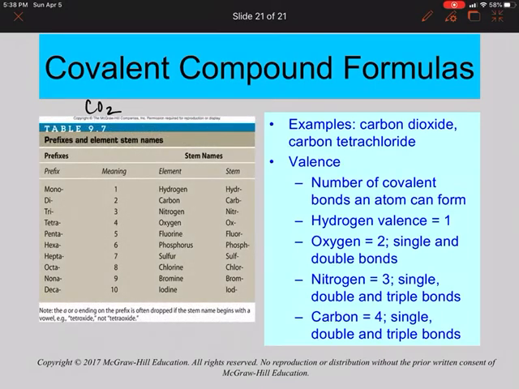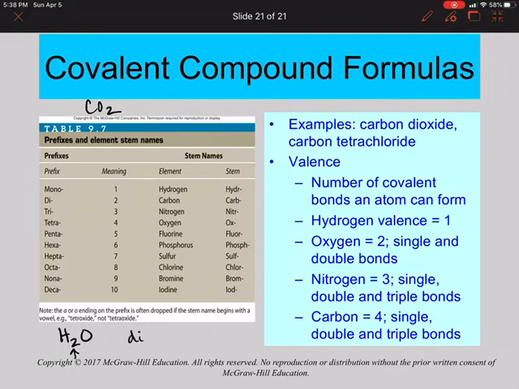Carbon dioxide just had one carbon. But if I have something like H2O, so hydrogen has how many? Well, it has two. So now you have to use a prefix. So if the first element has two or more, then you have to use a prefix.